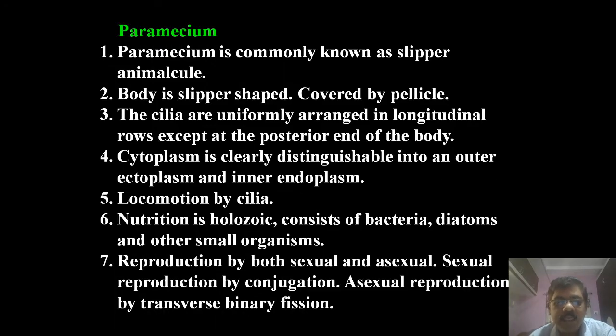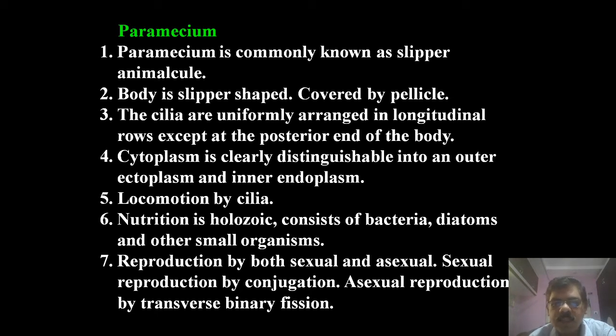Then what are the characteristics of the Paramecium? It is commonly known as the slipper animalcule, and the body is slipper-shaped, covered by pellicle. The cilia are uniformly arranged in longitudinal rows except at the posterior end of the body. The cytoplasm is clearly distinguishable into two parts: the outer is called ectoplasm and the inner one is called endoplasm.